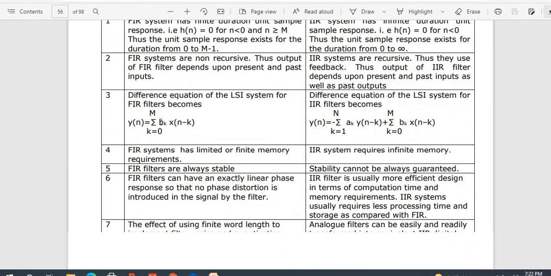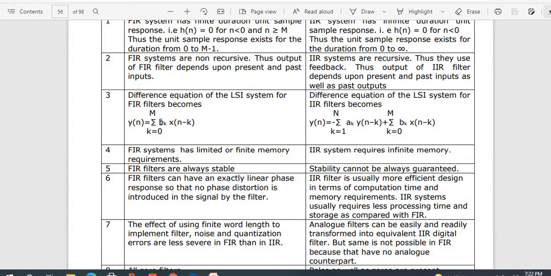Here, as you can see, the difference equation of the linear system can be assumed as y of n equals summation k equals 0 to M of b k x of n minus k. See here only values from 0 to M are used, whereas in IIR we are taking the previous output as well as the previous input.